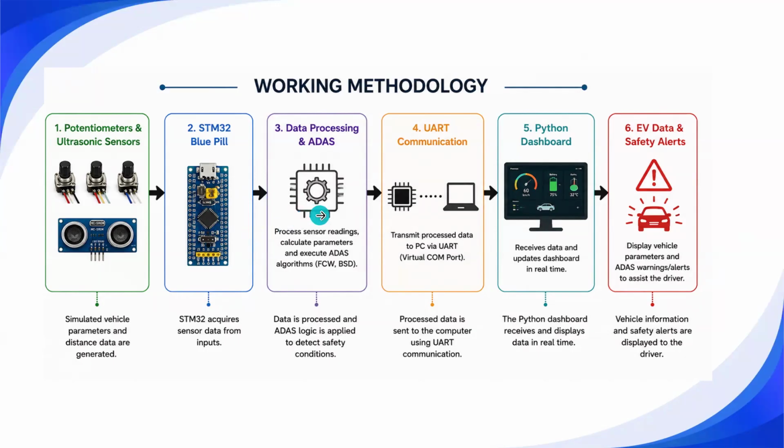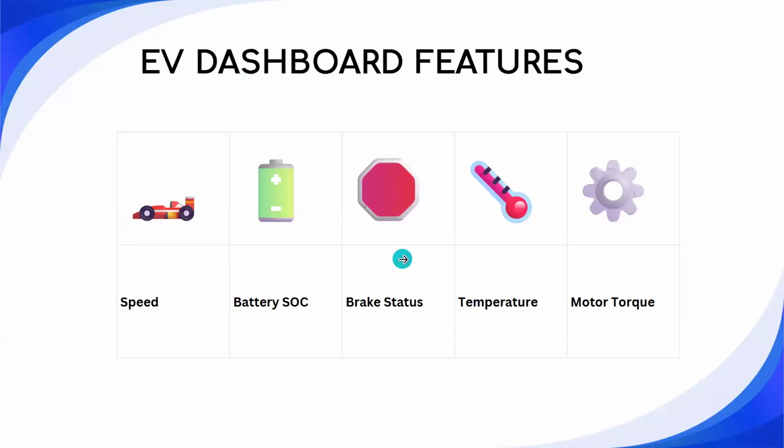The processed information is then transmitted through UART. Python continuously reads incoming serial data and updates the dashboard. Whenever unsafe conditions are detected, corresponding warnings are displayed immediately. Our dashboard provides real-time visualization of EV features like speed, battery, brake status, temperature and motor torque.